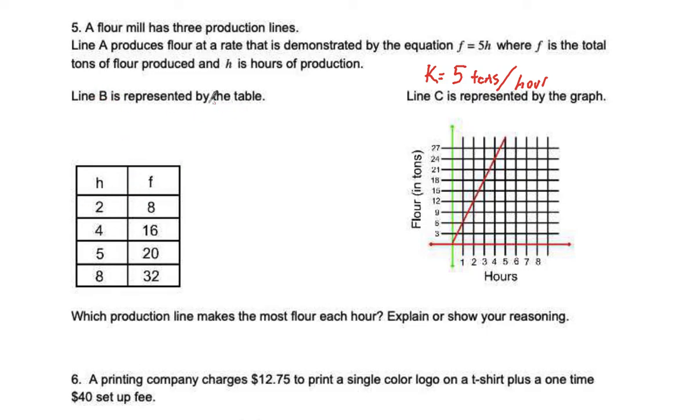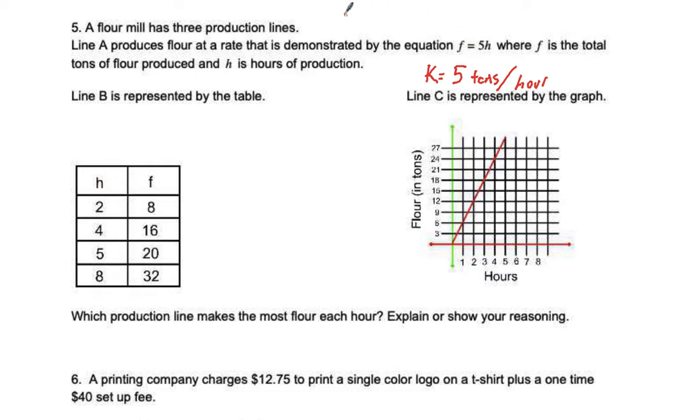Line B, so the second production line is represented by the table. Here's the table. So hours and tons of flour represent the same thing from the letters in the equation above. So for this one, we need to figure out what its rate of production is, what its constant of variation or constant of proportionality is. And so we would just take any of the y values and put it over the x.